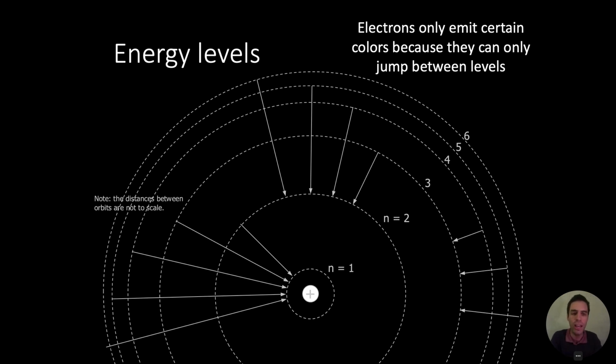For example, when the electron is at level 3 and jumps to level 2, that is a red amount of energy. A bigger jump, like level 4 to level 2, there's blue-green. Or level 5 to level 2, that's a darker blue amount of energy. Level 6 to level 2, that's purple. And the other jumps also emit different colors of light.